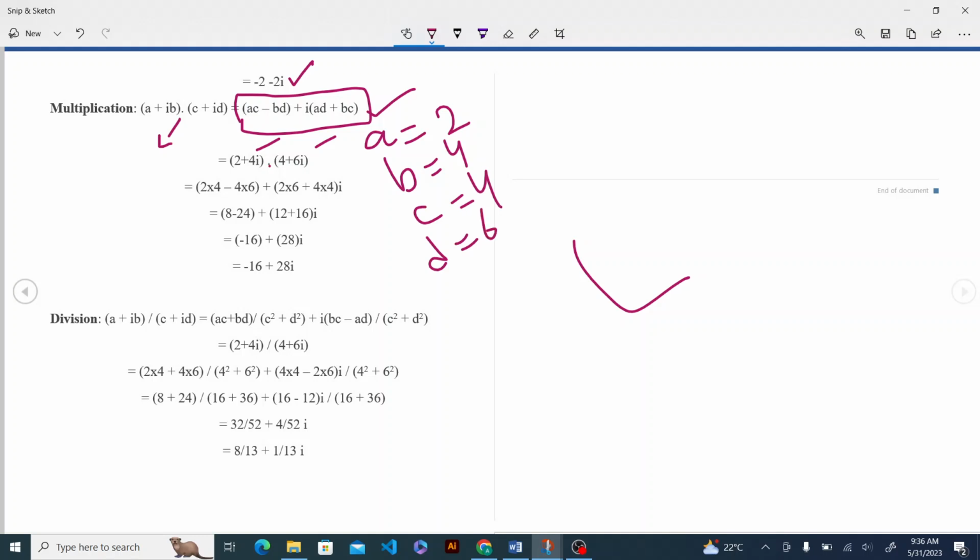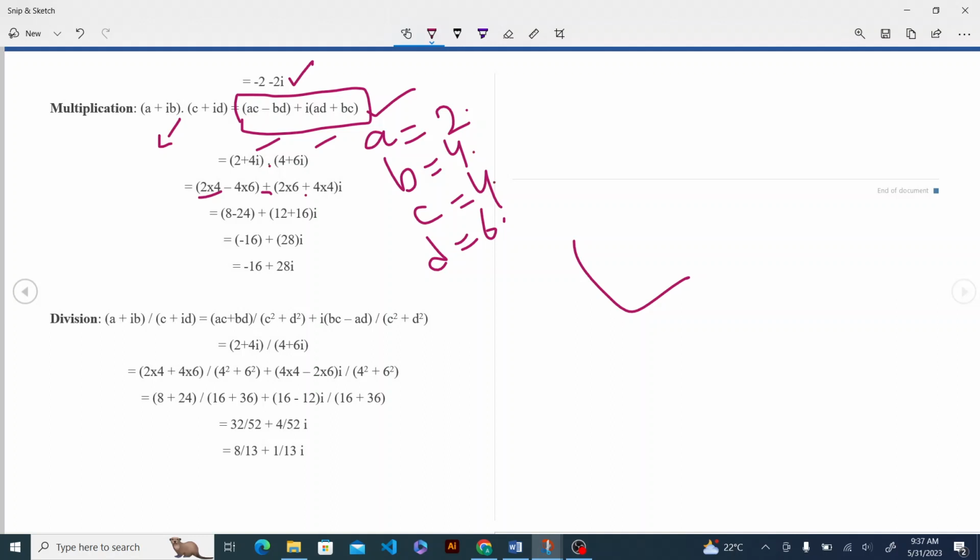AC means 2 into 4, then minus BD, 4 into 6, plus sign of the formula, and then A into D means 2 into 6, then plus sign of the formula, and then B into C means 4 into 4, and iota sign.